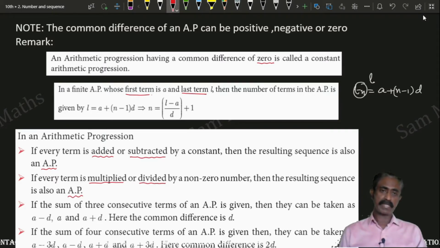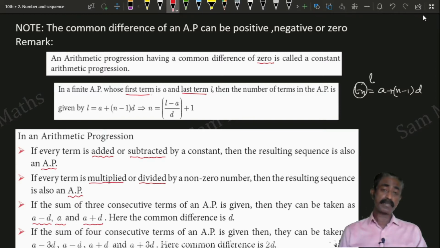Next, if the sum of three consecutive terms of an AP is given, we take them as A minus D, A, A plus D. Please mug up this.